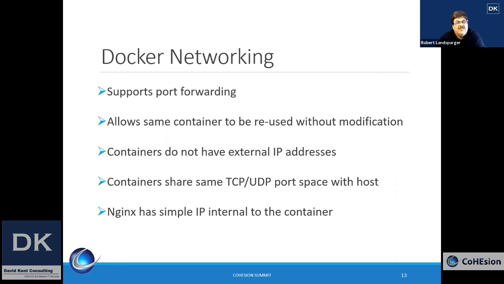You can use the same container and just do a different port mapping when you start it up. So that leads us to the point that the containers don't have external IP addresses. They share the same IP address of the Red Hat box. I'm going to use Red Hat from now on. The Red Hat box that's running the container.